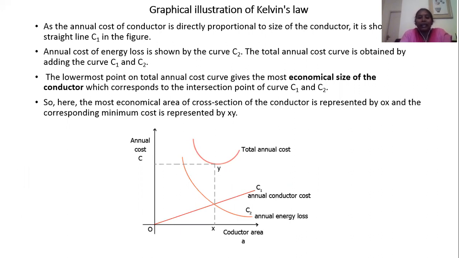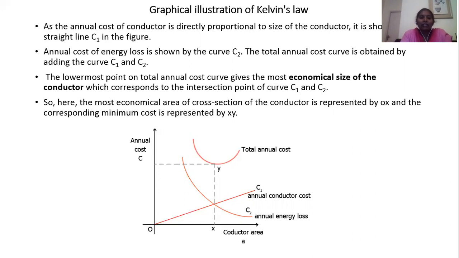And the annual running cost, the cost involved for the energy loss, is shown as C2 because it is inversely proportional, so you will have a sloping curve. The total annual cost is shown above.